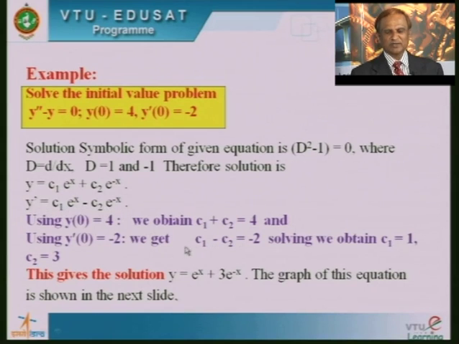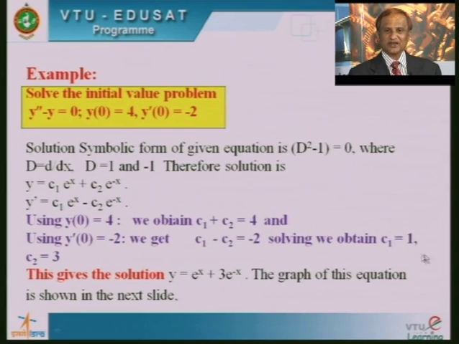So, it means we have obtained two equations and two unknowns. We know that we are able to solve these two equations. One is plus, another one is minus, so C2 cancels with C2. If you add these two equations, I can obtain C1 is equal to 1.